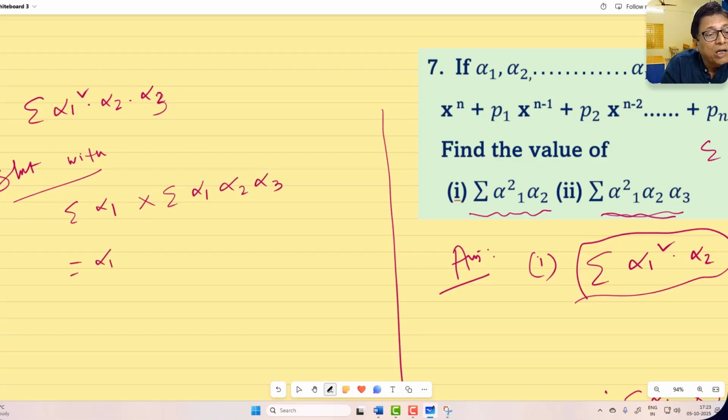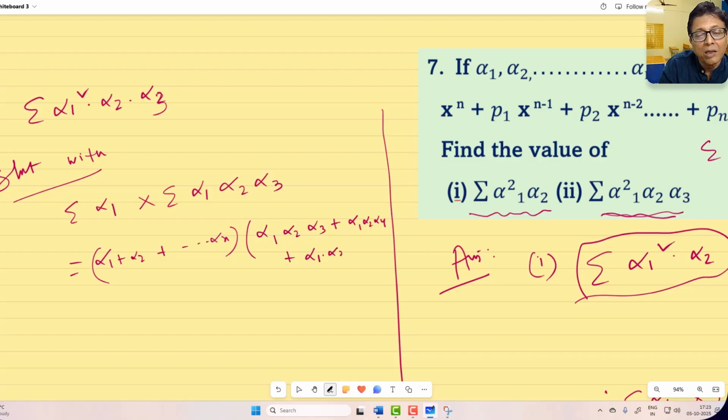This is actually alpha 1, alpha 2, and so on. And this is going to be alpha 1, alpha 2, alpha 3, all these combinations. Alpha 1, alpha 2, alpha 4, all.